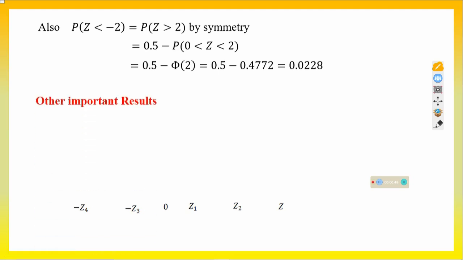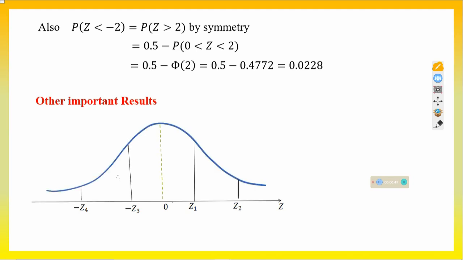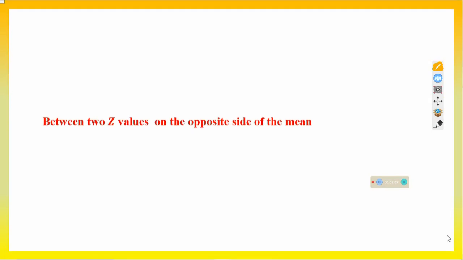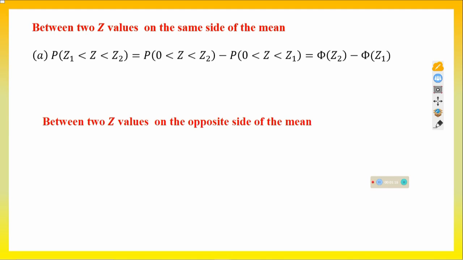And let us look at some other important results, especially for the case when you are looking for the probability in which the value is between any two positive values or any two negative values or any negative value and a positive value. So let us look at the case where we have between two z values on the same side of the mean.